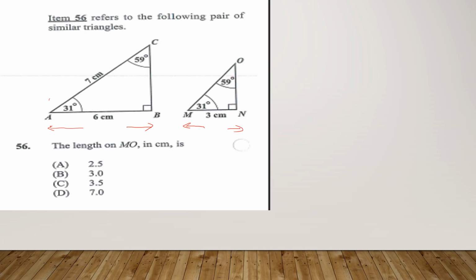So if AC, which goes with MO, similar triangles, is 7 centimeters, that means MO will be half of 7. Half of 7 is 3.5. So the answer is C.